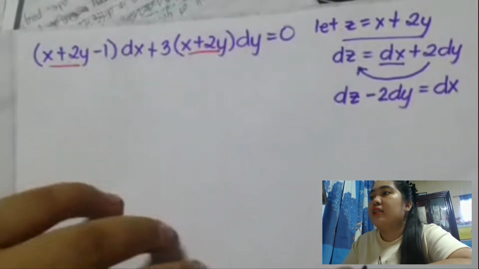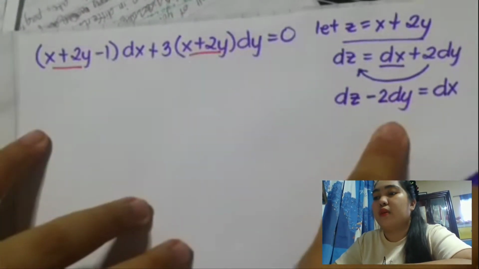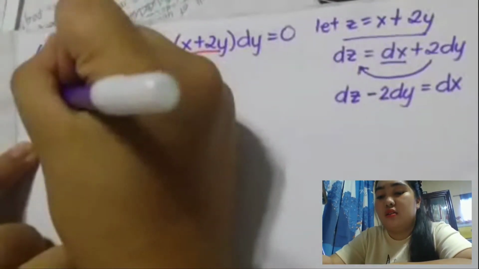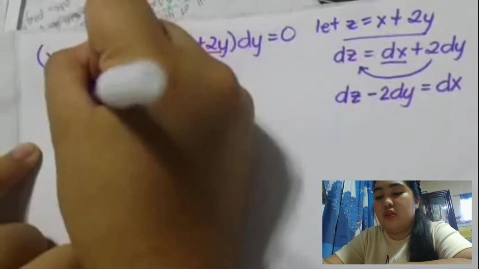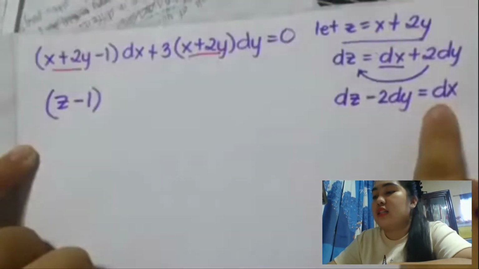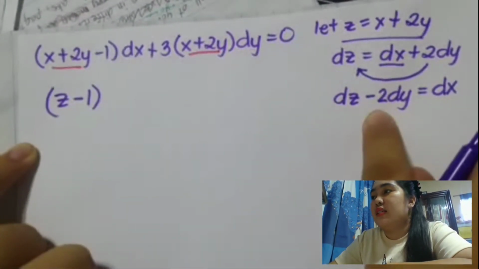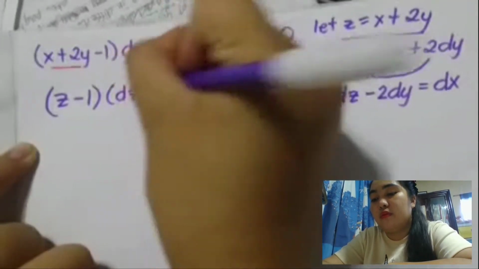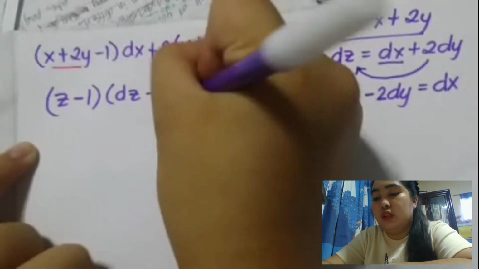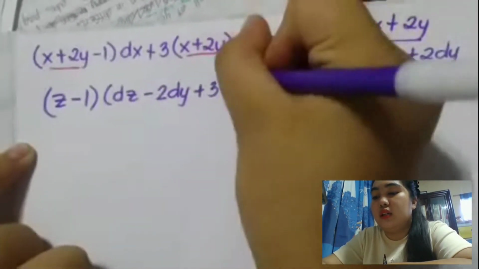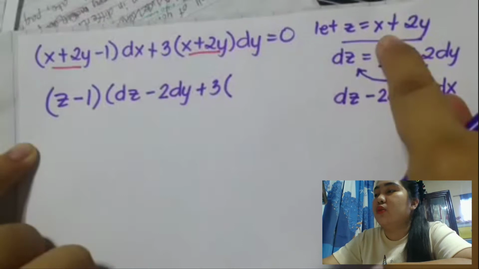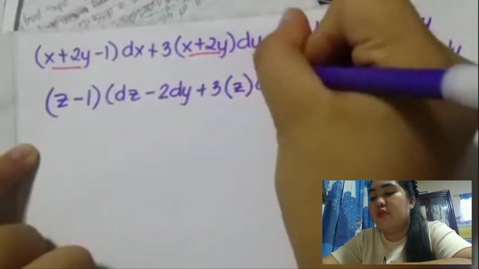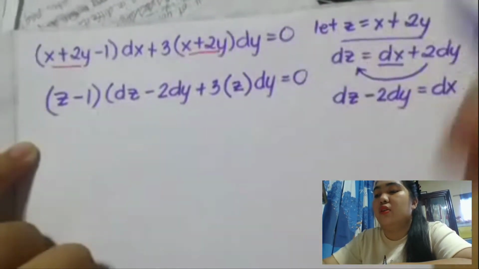Next is, ito-substitute na natin yung mga value na nandito. So, x + 2y is z, minus 1. Ang dx natin is dz - 2dy. Copy yung 3. Yung x + 2y natin is z. Copy yung dy equals to 0.